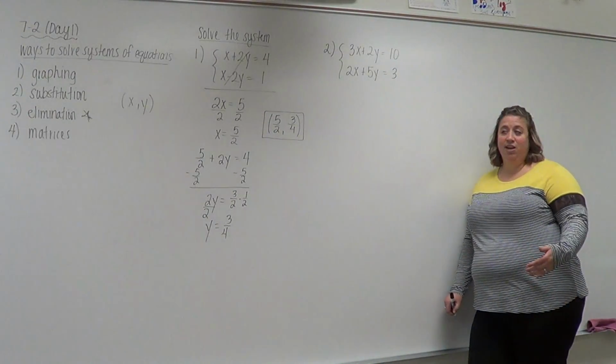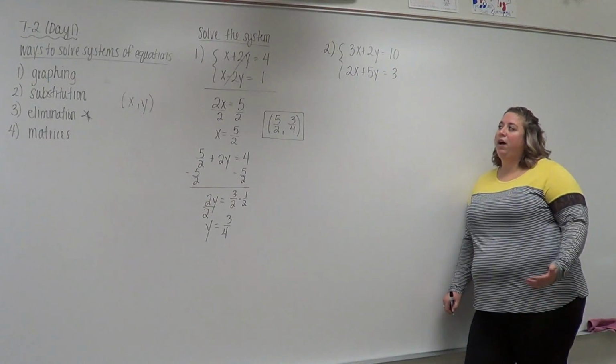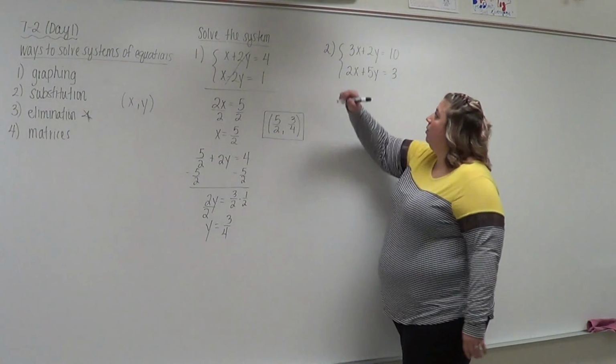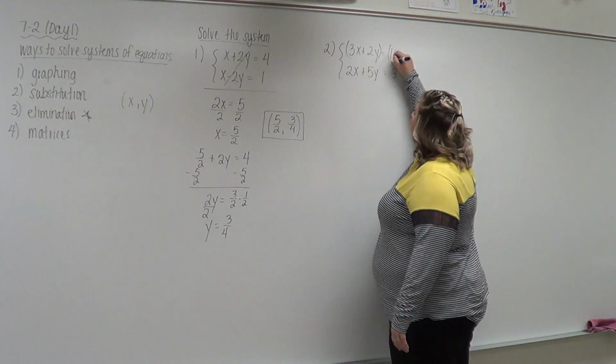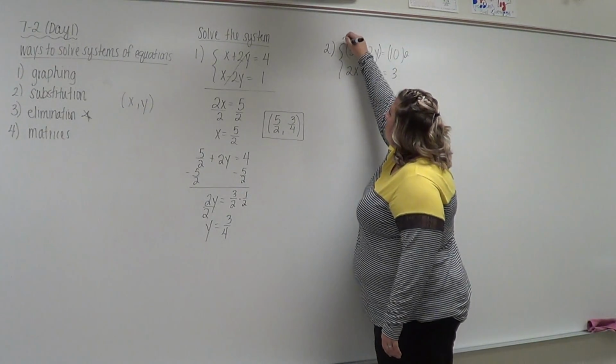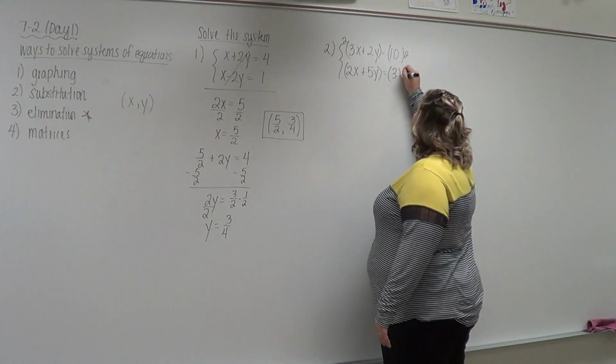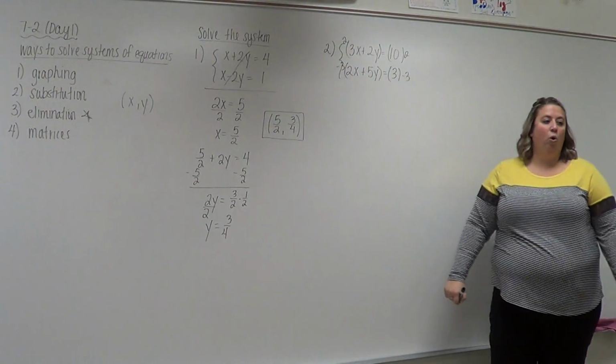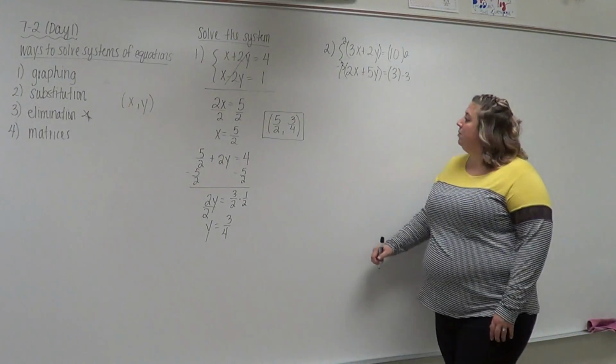They both go into 6. So I need to make one of them a positive 6 and one of them a negative 6. I'm going to make the first one positive. What would I need to multiply it by? 2. Good. What would I multiply the second one by? Negative 3. Good. You have to do the whole equation, both sides.